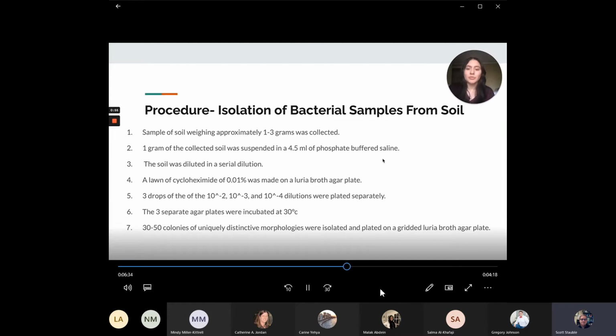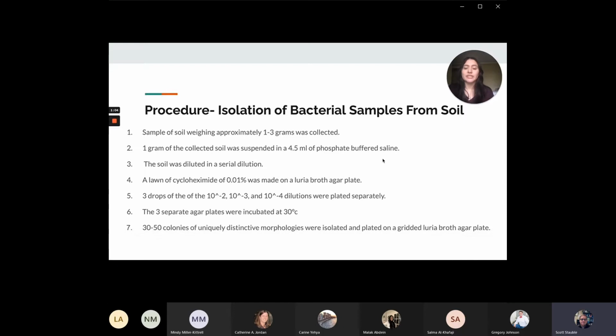The 3 separate agar plates were then incubated at 30 degrees Celsius for approximately 1 to 2 days to allow for maximum growth. 30 to 50 colonies that had uniquely distinctive morphologies were then isolated and plated onto a gridded Luria broth agar plate. We gridded the plate to have approximately 50 different individual squares, so then each colony was individually planted on each designated square.